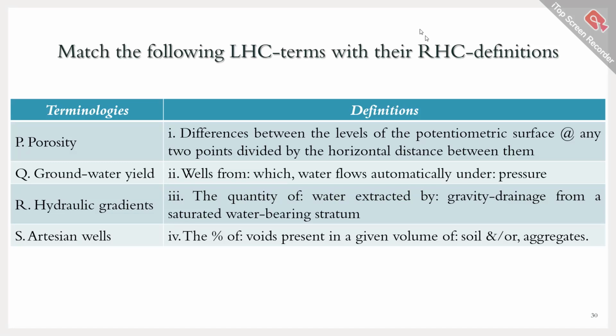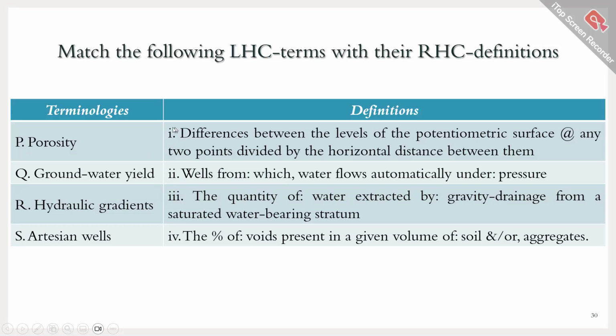In this class, we have solved a problem on porosity. So you should identify the definition of porosity among these options: the percentage of voids present in a given volume of soil or aggregates. The void that is present in a particular volume is defined as the porosity. So P is linked with 4, S is linked with 2.